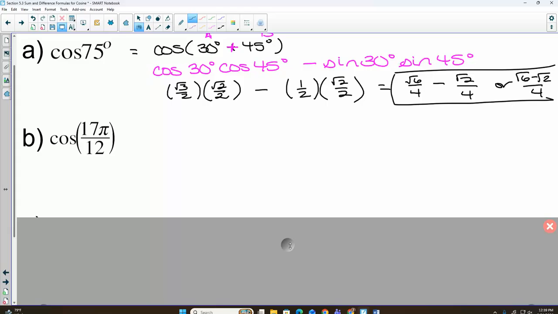I don't know about you, maybe it's just me, but it is a whole lot easier for me to think about degrees being added together than it is radians. Like pi over 6 plus pi over 4, like what's going to add to give me this? That's hard for me. So what could I do with this instead? How do we convert that into degrees?